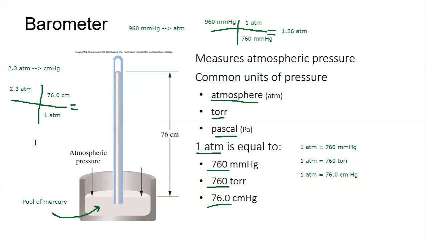So now when we multiply, we get 175 centimeters of mercury. That's how you interconvert between the different units of pressure. Now, you don't have to memorize the actual equalities, you just have to know how to utilize these equalities.